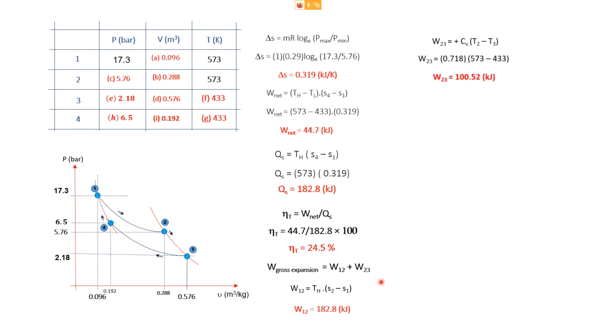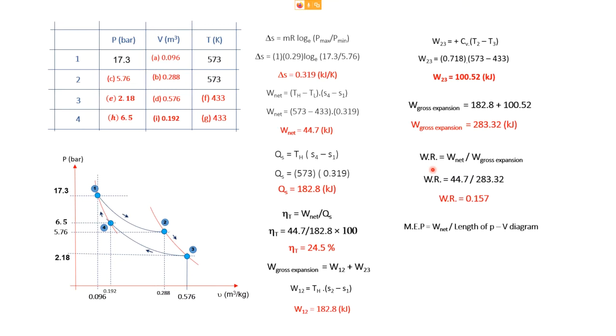Then for 2 to 3, work done 2 to 3, you can consider this. Remember, there are a lot of formulas that you have used in thermal 1. You have to apply them in your thermal 2. That is work 2 to 3. So this will give you the gross work expansion. From there you can find out your work ratio with your network and gross work expansion.